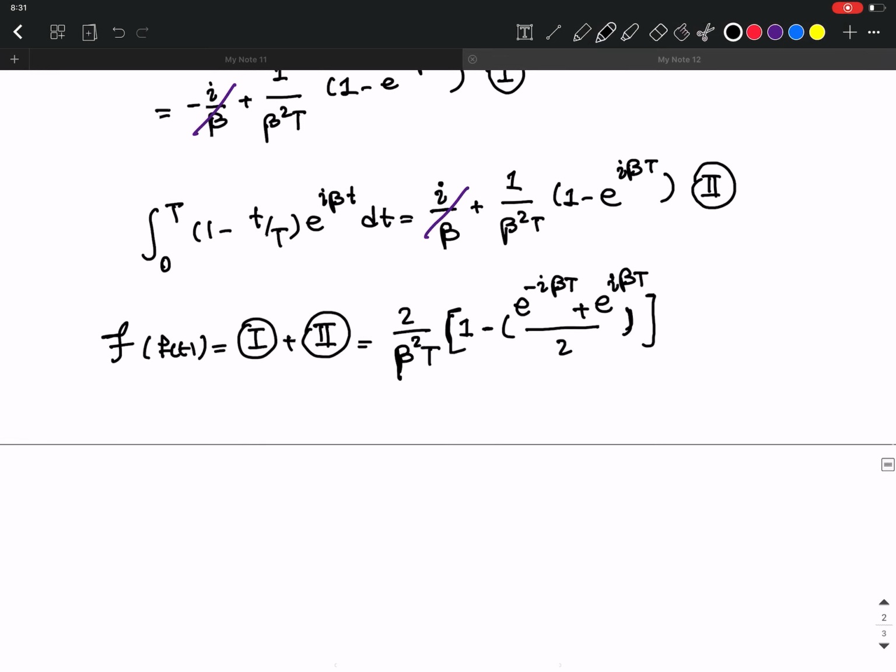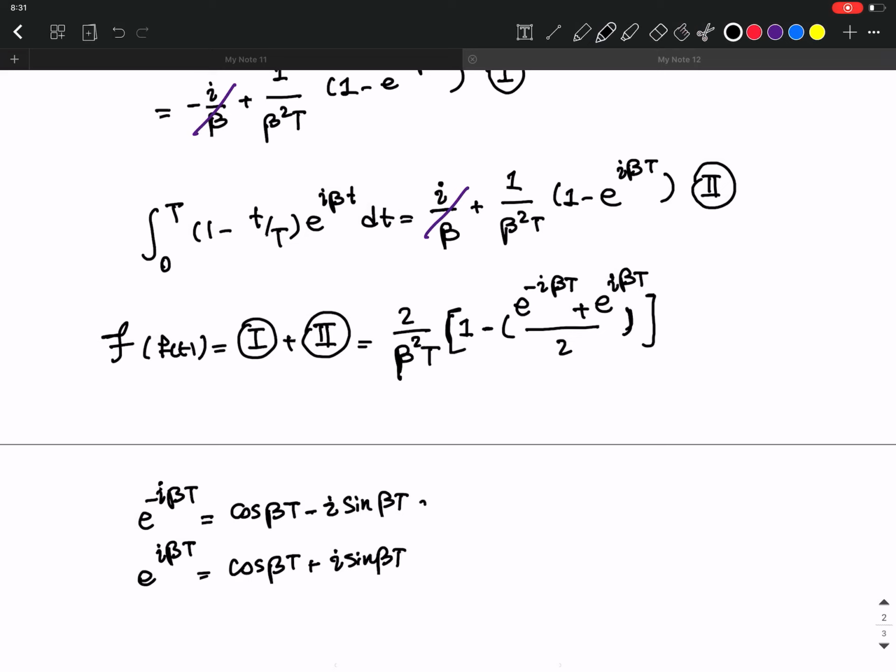Okay, so e to the minus i beta t is nothing other than cosine beta t minus i sine beta t, based on the definition that we have. And e to the power i beta t is cosine beta t plus i sine beta t. So if you add them up, it's going to be 2 cosine beta t.